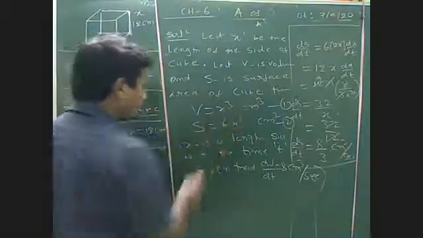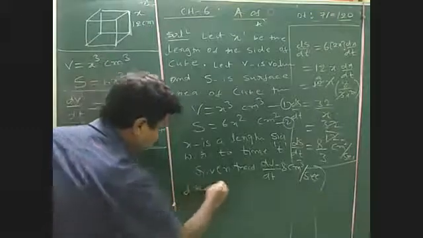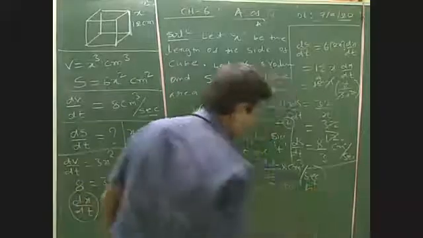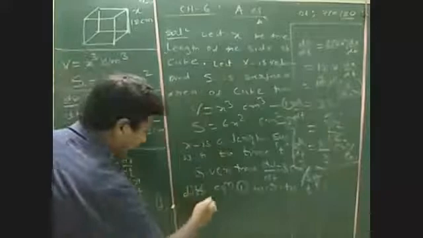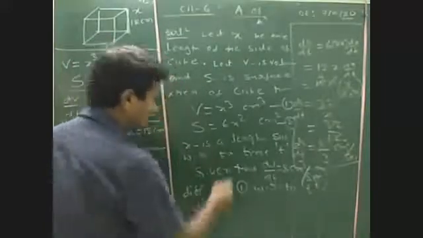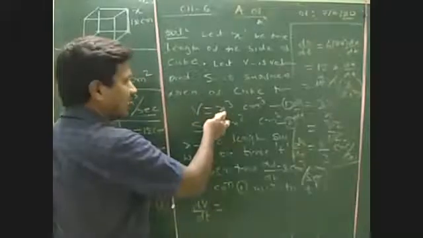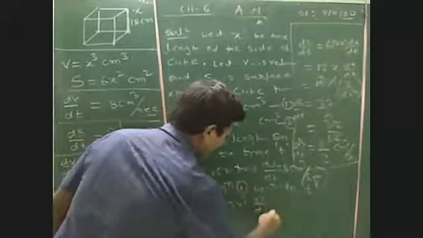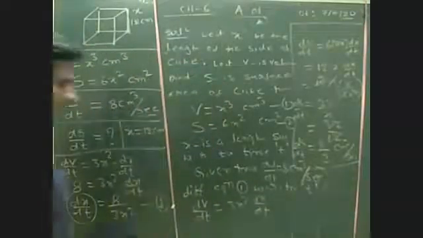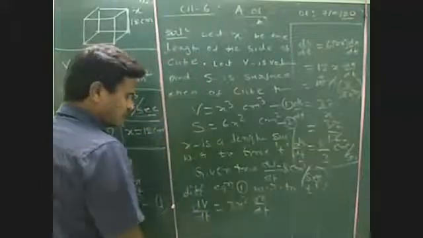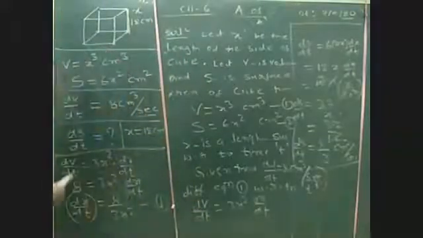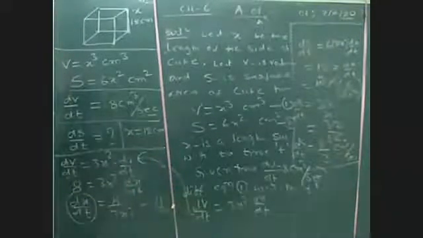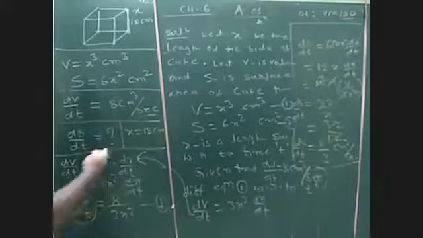Now we can differentiate equation 1 with respect to time t, then dV by dt is equal to dV by dt of x cube. I will write directly as 3x square into dx by dt. Then from this you can substitute dV by dt as 8. After this, we can approach.